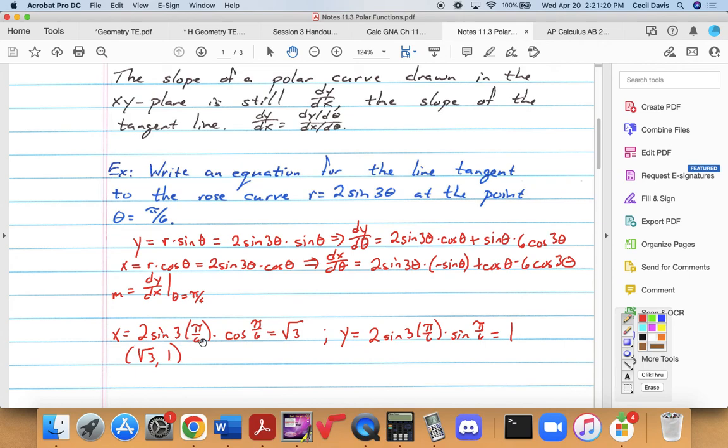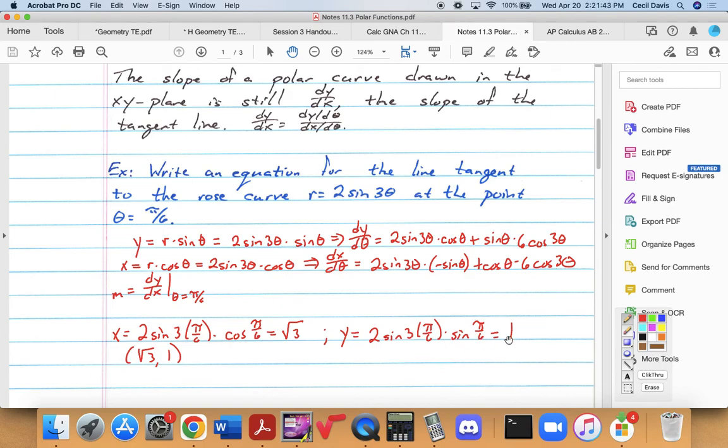So sine at pi over 2 is 1. Cosine at pi over 6 is square root of 3 over 2. Not yet mathing today. Wow. That's just one of those days.